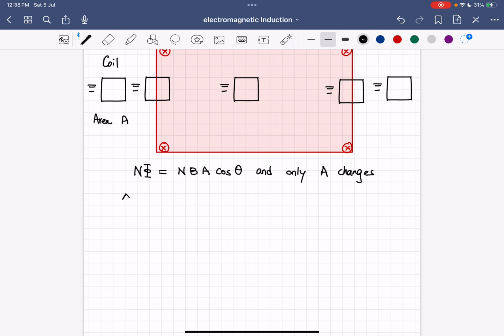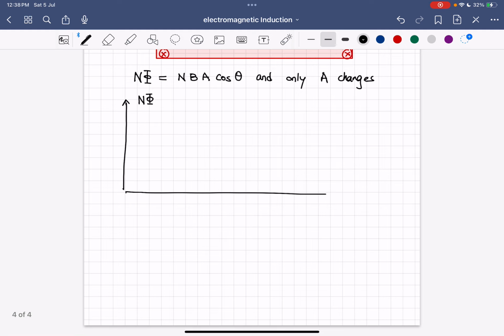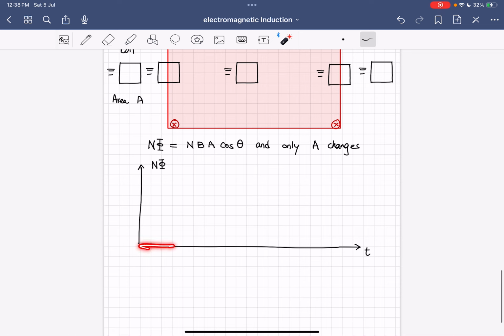So therefore, as a function of time, the N phi should start from 0 because A is 0 over here, and then start increasing, and then stay constant, and then decreases back to 0, and then 0 again.